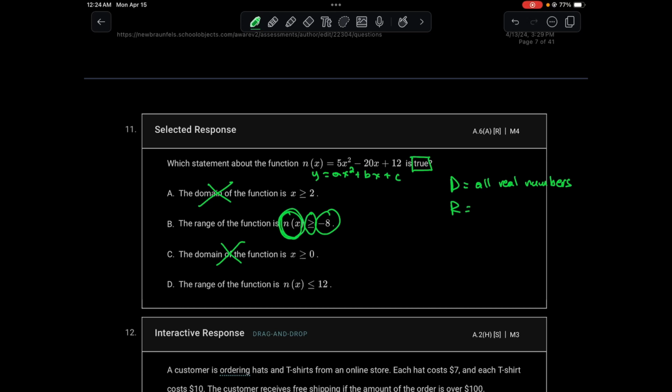So all the y's. But why is it calling it n of x? Well, n of x is the y. And that's why the range, which is associated with the y, is y greater than or equal to negative 8. So that should be the answer. No matter if it calls it n of x, that's the y.